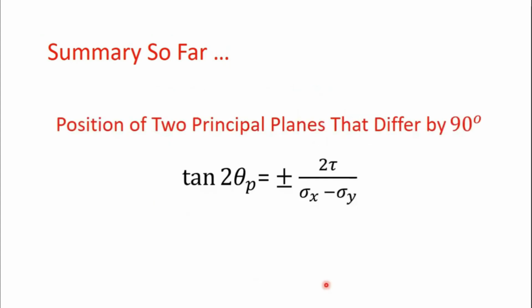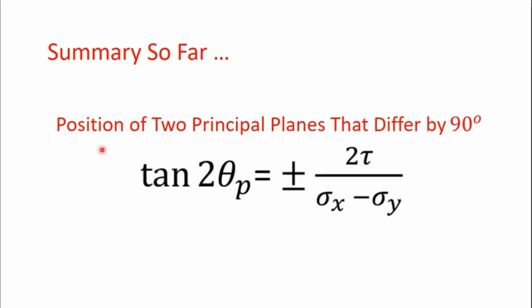We can also find the position of the two principal planes that differ by 90 degrees, that is tan 2 theta p equals plus minus 2 tau upon sigma x minus sigma y. From this equation we can calculate theta p, and we will get two angles, one for theta p and one for 90 plus theta p. So this is the expression for calculating the position of principal planes.